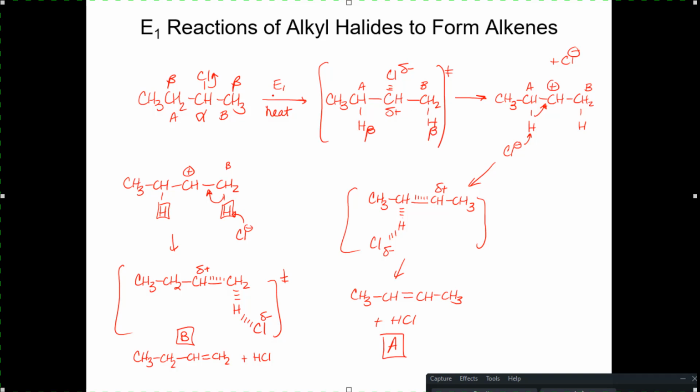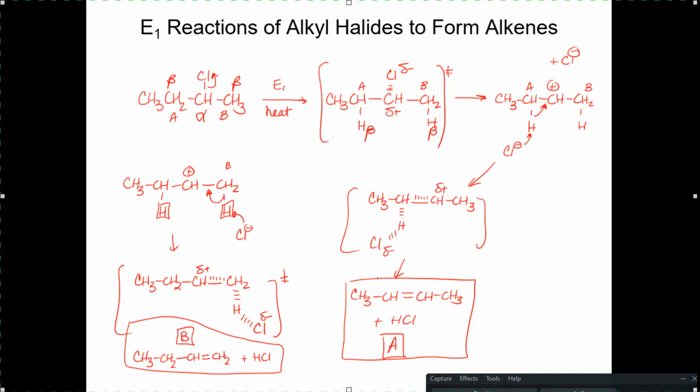And so in an E1 process, you're going to lose a beta hydrogen. And so the possible products that you form are going to come from losing the beta hydrogens and the leaving group. And so you end up forming, in this case, two possible products with the double bond in these two different positions.